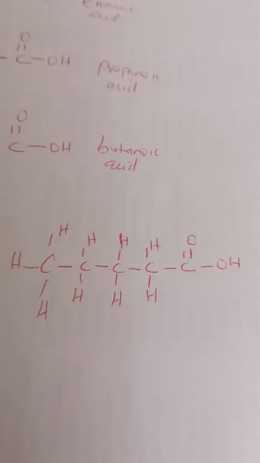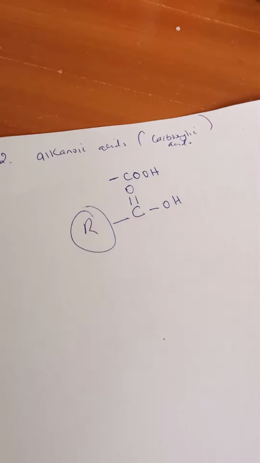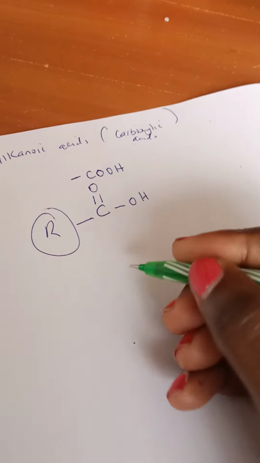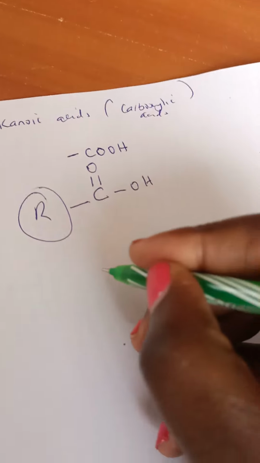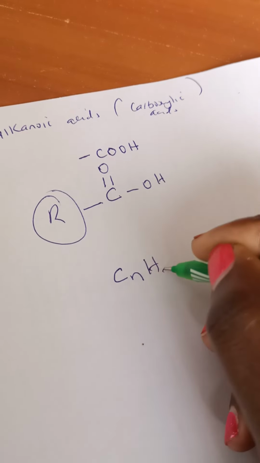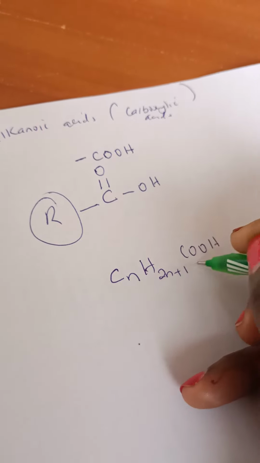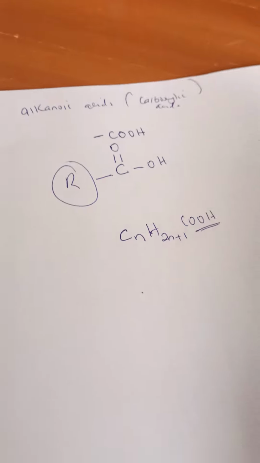That's how we name. So we realize that the general formula for alkanoic acid, for carboxylic acid, is CnH2n+1COOH, the carboxylic group.